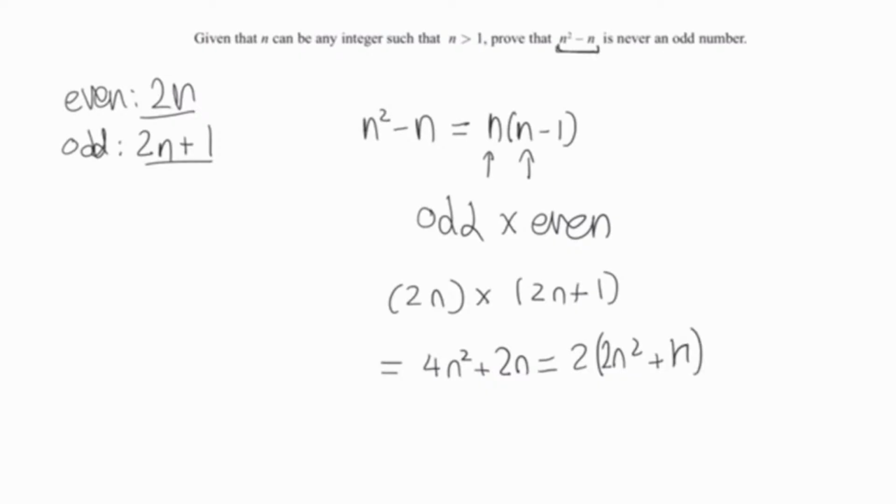Yeah. So this is an even number because it's written in that form. It's 2 lots of something. So that means this is always an even number, therefore it can never be an odd number. So you'd basically write something along the lines of that.